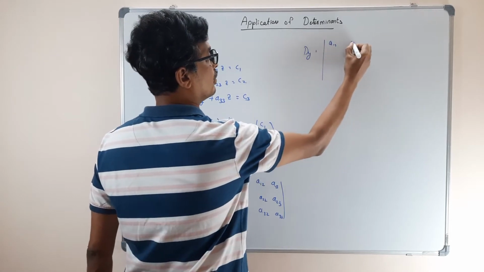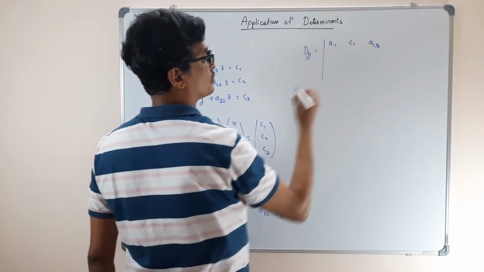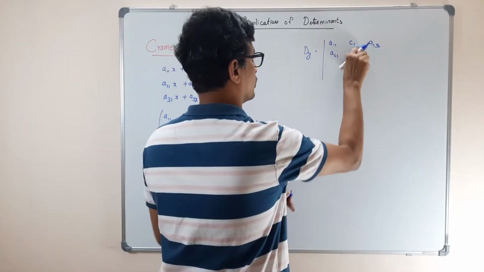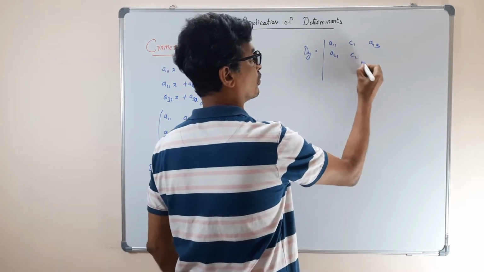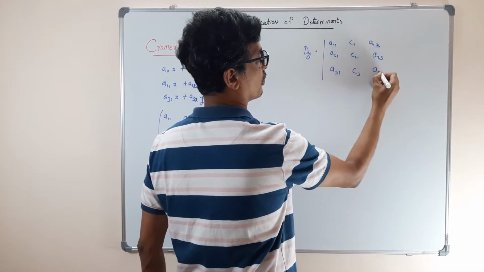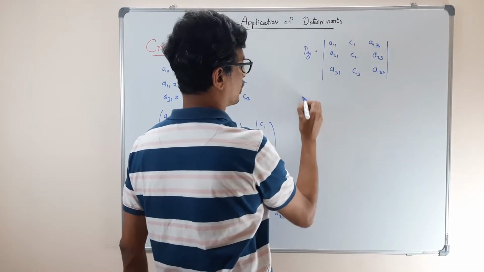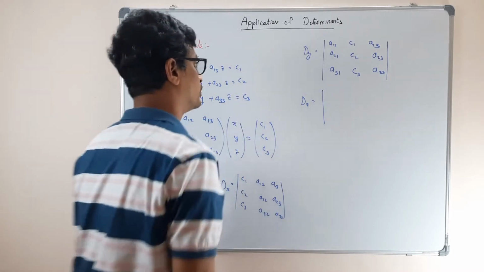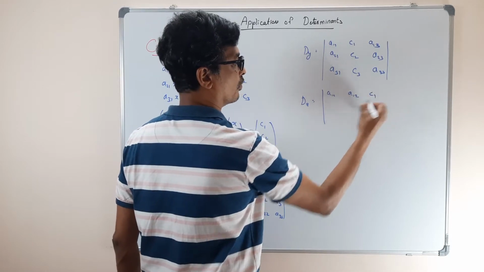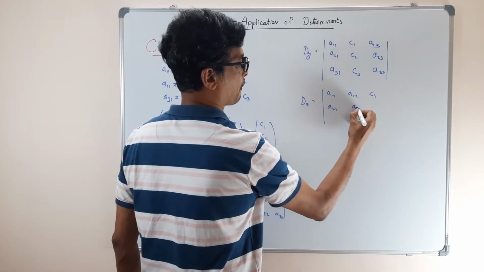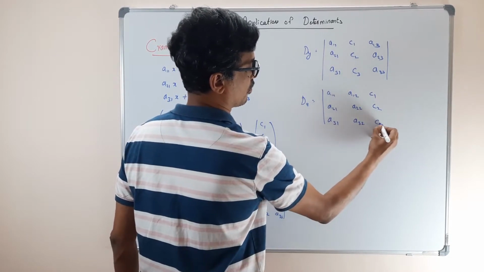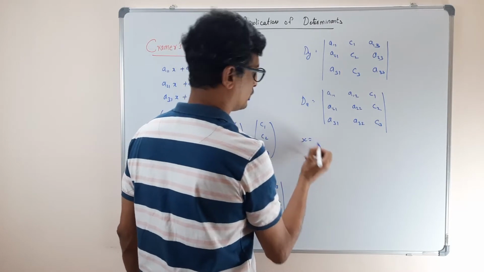A11, C1, A13, A21, C2, A23, A31, C3, A33. And the last one, Dz: A11, A12, C1, A21, A22, C2, A31, A32, C3.